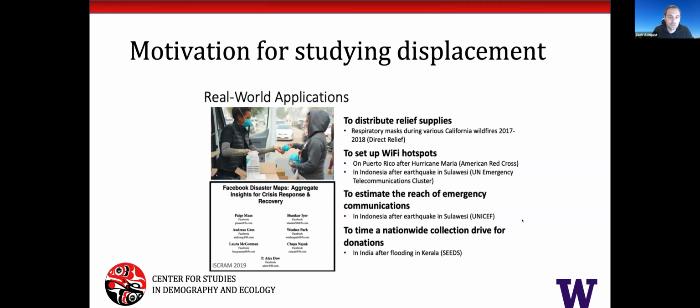It matters for distribution of relief supplies, setting up Wi-Fi or internet hotspots for people, estimating how much communication people can get to for emergencies, as well as NGOs and governmental collective action for donations and distributing supplies. And this is just a small set of things that we care about kind of post-disaster and why we care about where people are.